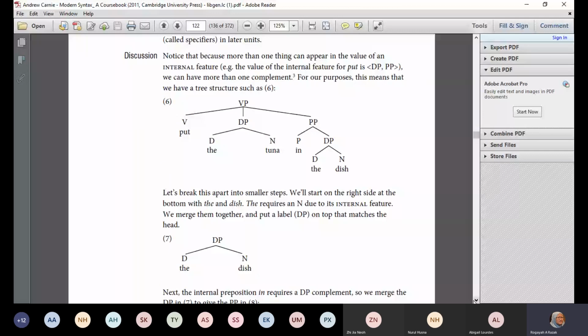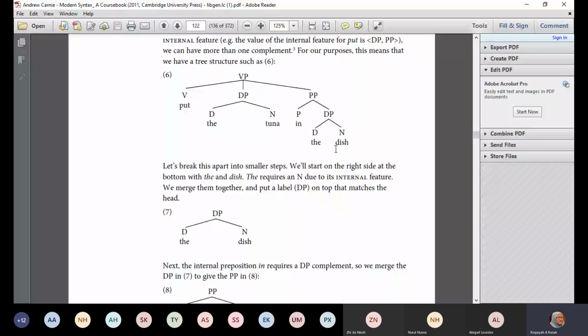Usually we start on the right side with the and dish. The requires an and due to its internal feature. So determiner the is a head. It has its internal feature. After and satisfies that feature, we merge them together and put a label DP.